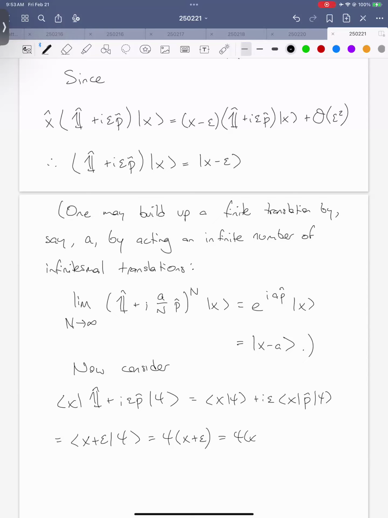So this is psi of x plus the derivative of psi with respect to x multiplied by epsilon plus epsilon squared. And I can then match these quantities order by order in epsilon.